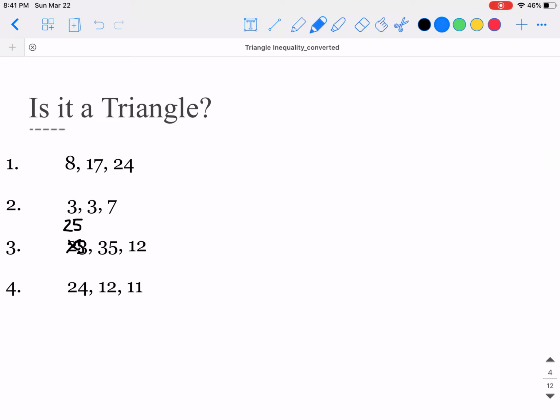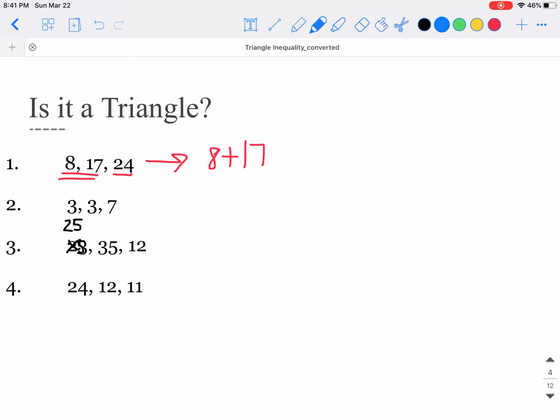So our first example, is it a triangle? To determine if it's a triangle, we're going to identify our two smaller sides always. That's from the theorem. So for number one, we have sides 8, 17, and 24. The two smaller sides are 8 and 17. If it is a triangle, then the sum of our smaller sides should be larger than the third side. So let's check. To check, we're going to do 8 plus 17. That's the sum of our two smaller sides.